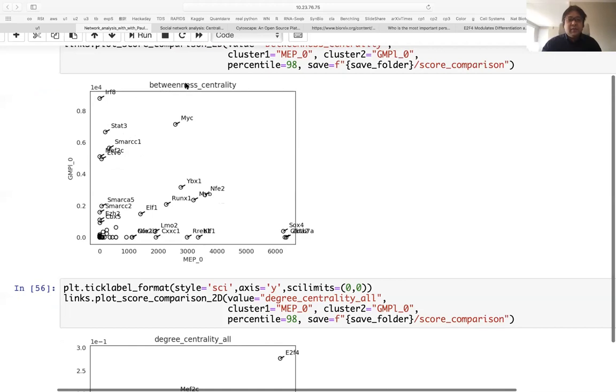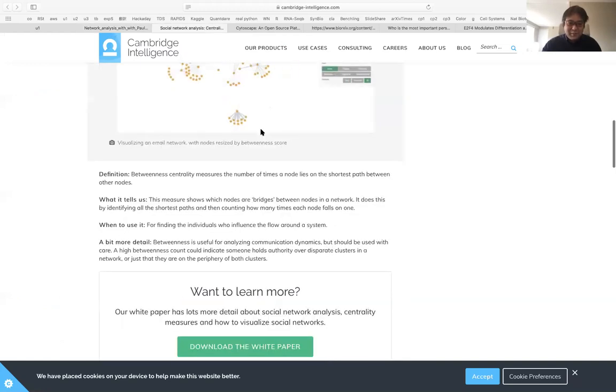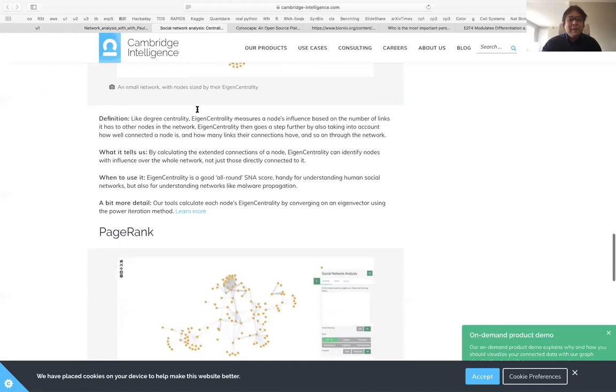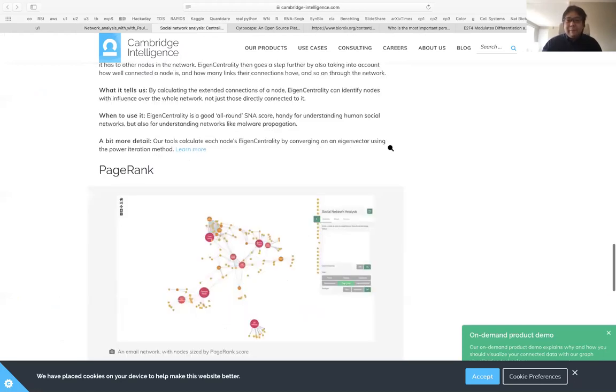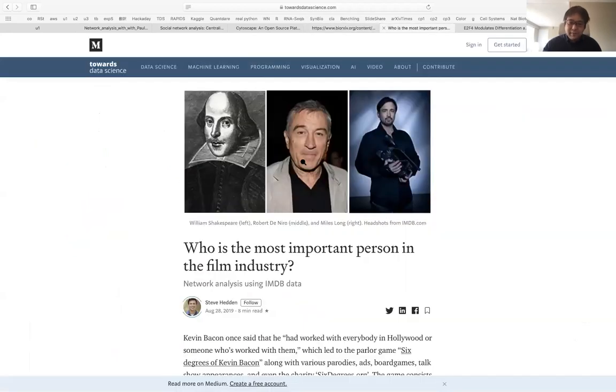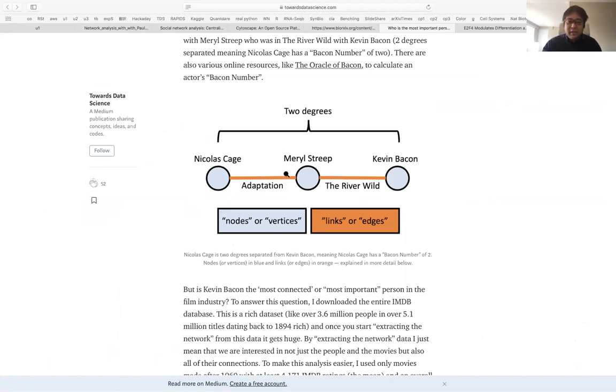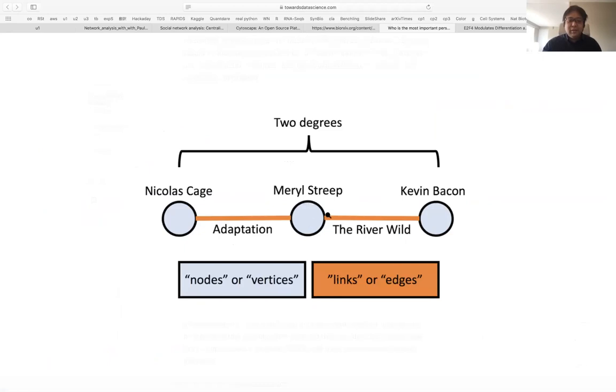So anyway, what is the betweenness centrality? Honestly, I don't want to explain this score because it's complicated, but for example, if we have three nodes and two edges here, and this node connects the other two nodes, then if we block this node, these two connections will be obstructed.